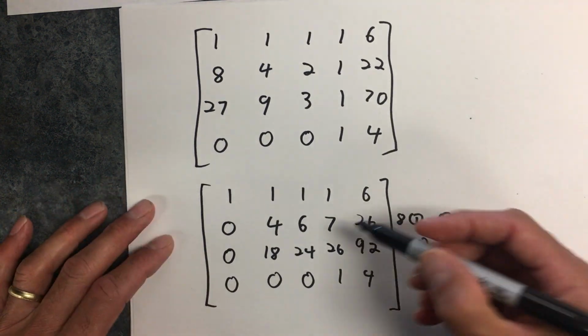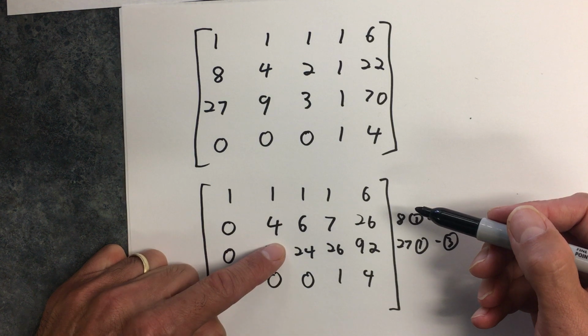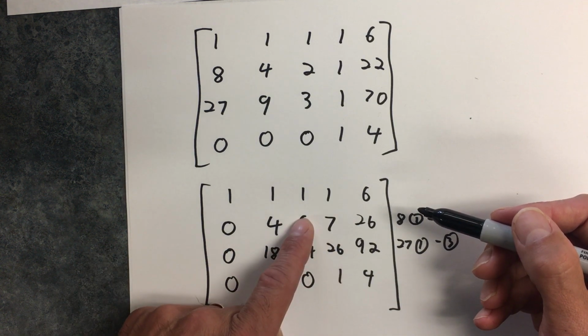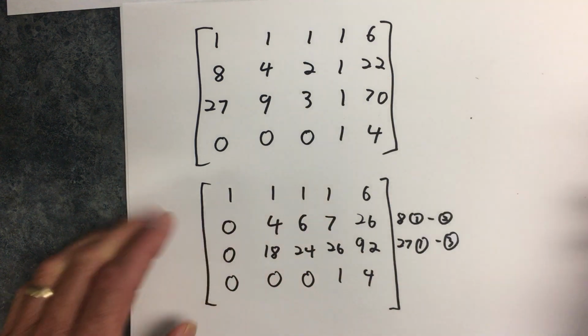Okay, so we're going to keep going. I want a 0 here, and then I'm going to want a 0 here, here, and here. Then zeros all the way here.